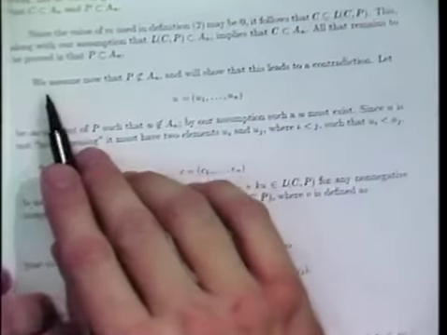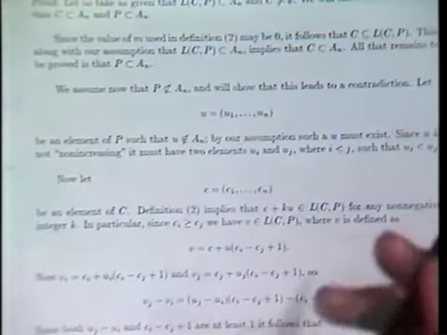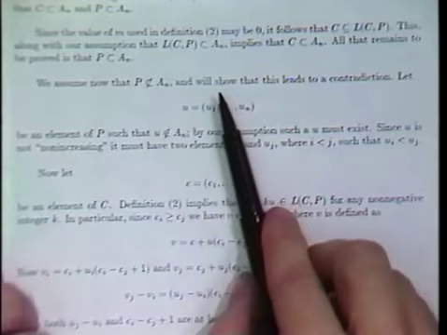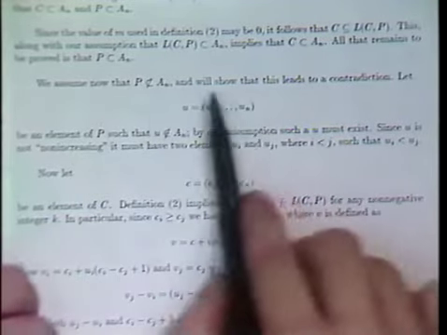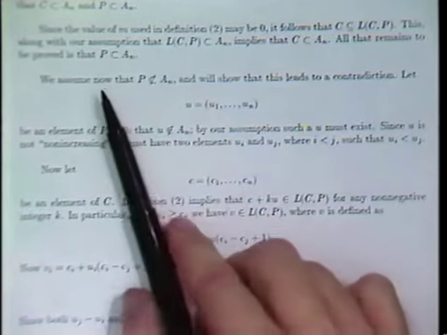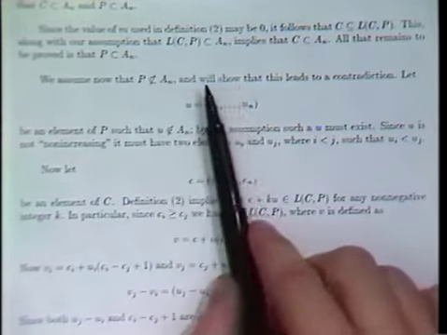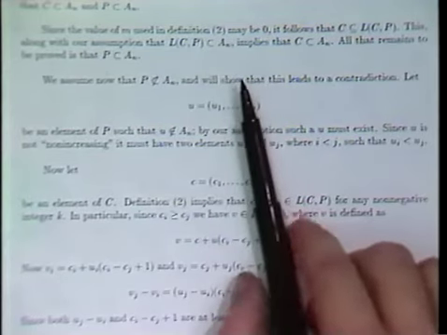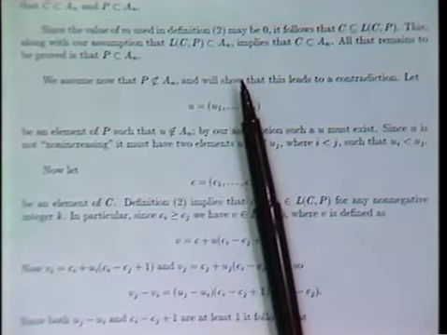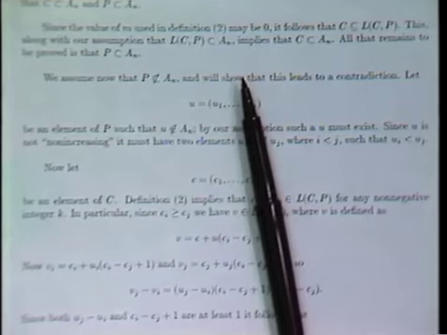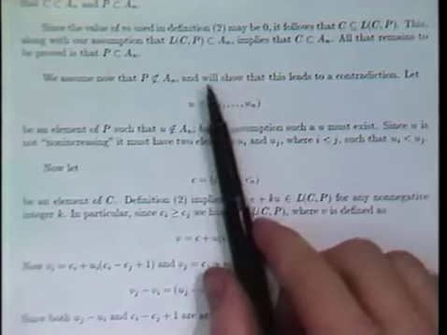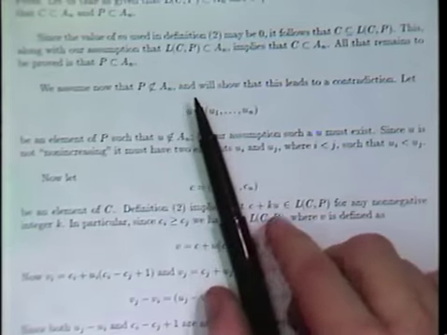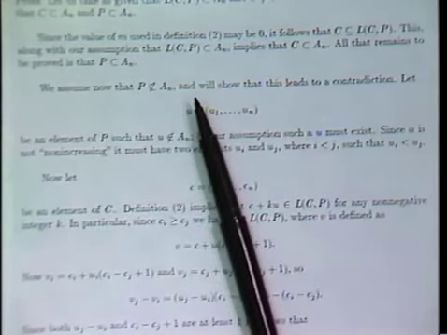Now here's a present tense. I said I was going to talk a little about tenses here. We assume now that P is such and such, and will show that this leads to a contradiction. So we've got so now, we've got this, and then later this will lead. We're going to show something. Somehow it reads awkwardly to me because we're mixing tenses.